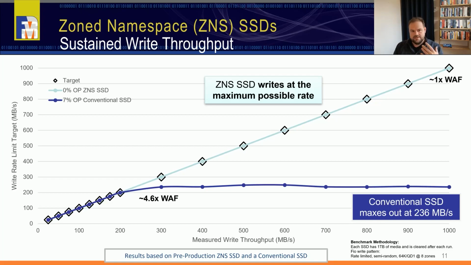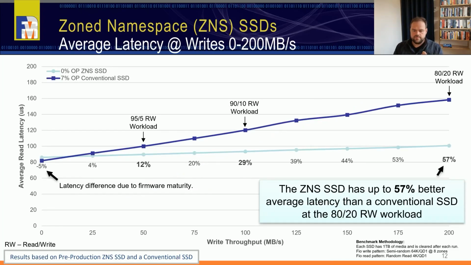But also, how does this impact our latencies? For the latencies, we have this example. We saw before that the conventional SSD was only able to sustain around 236 megabytes per second. So let's see what the latency impact is if, while doing writes, we also measure the read latency of a single 4K random read at QD1.